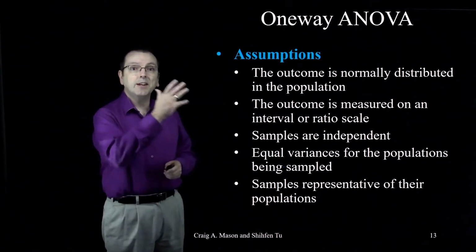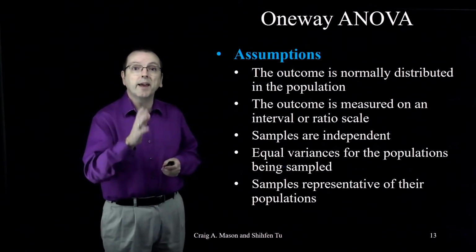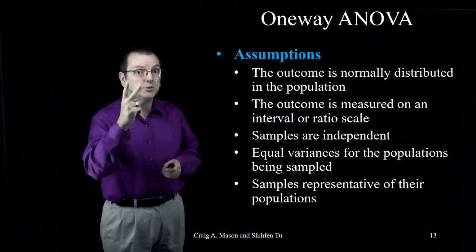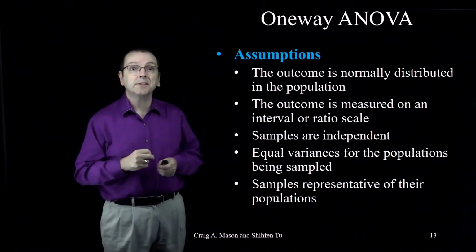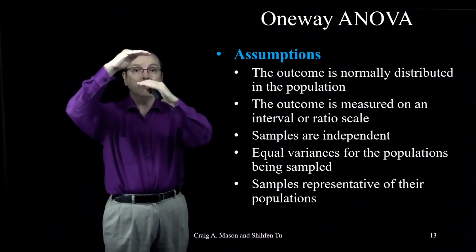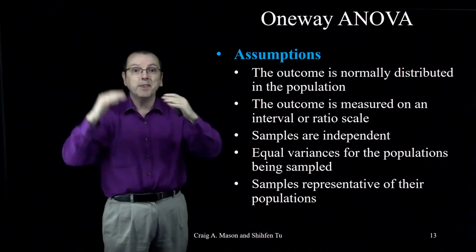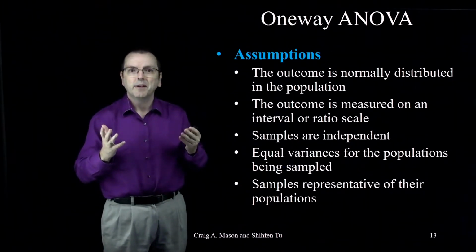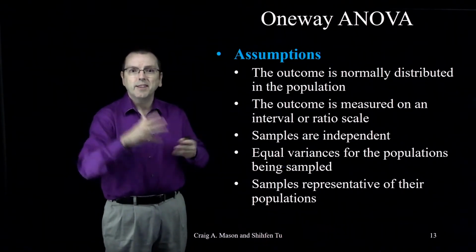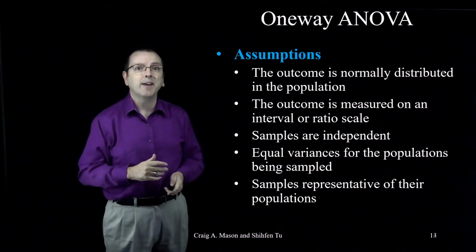Now, if the data satisfy these assumptions, you can then work on formulating your hypotheses. With two samples, we could have hypotheses that the mean for one population is greater than the other, or less than the other, or different from the other. But with 3 or more samples in a one-way ANOVA, the possible scenarios are much more complicated than that.